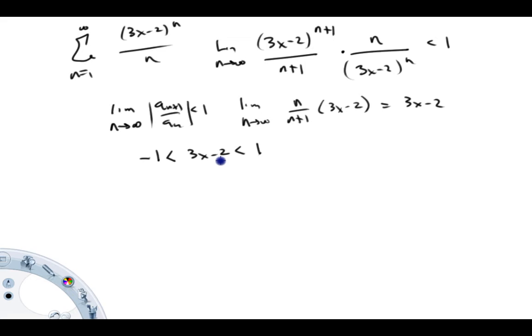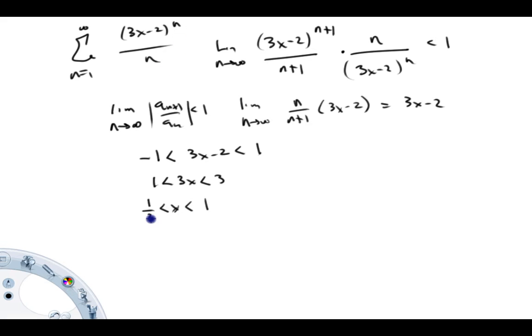I'm going to start by adding 2 to both sides. This is now going to read 1 is less than 3x is less than 3. And then we'll divide everything by 3. And this is now going to read 1/3 is less than x is less than 1. So 1/3 to 1 is called the interval of convergence.